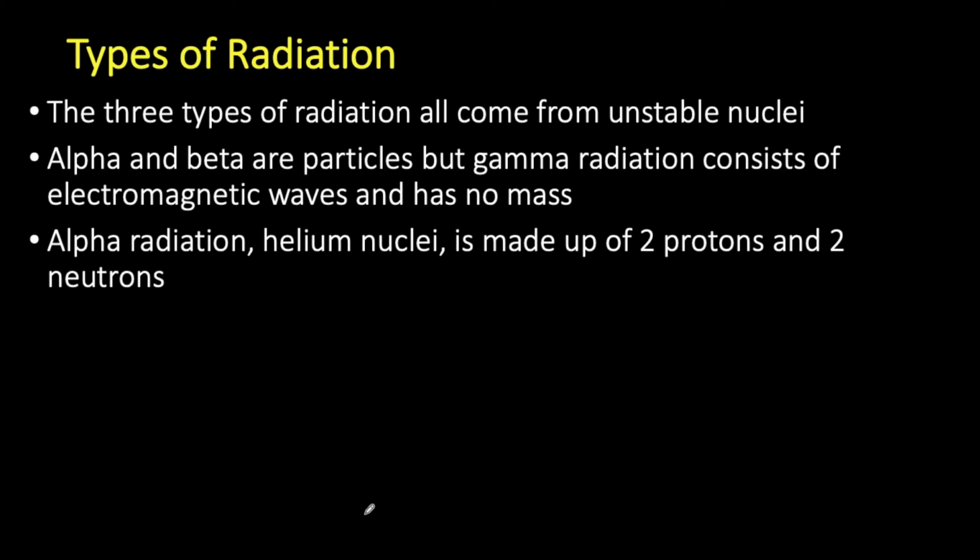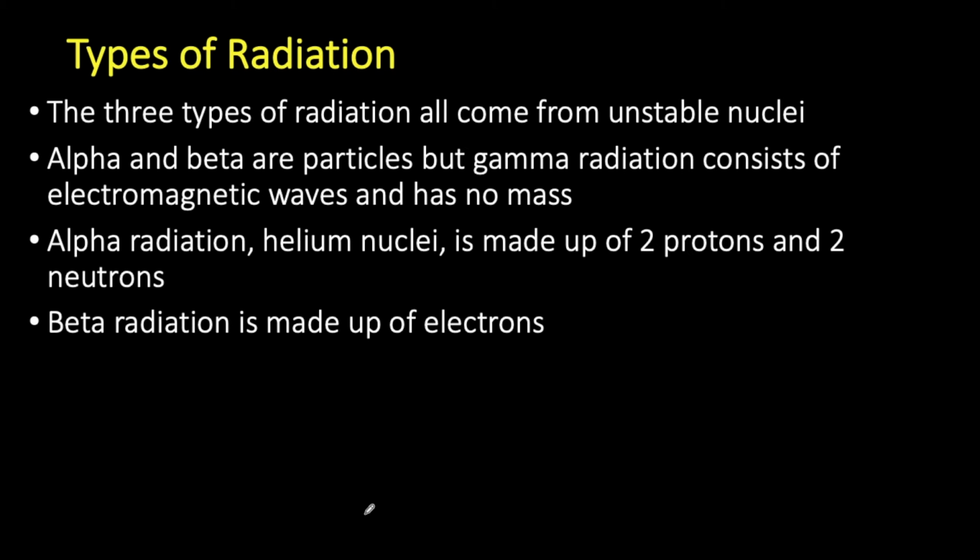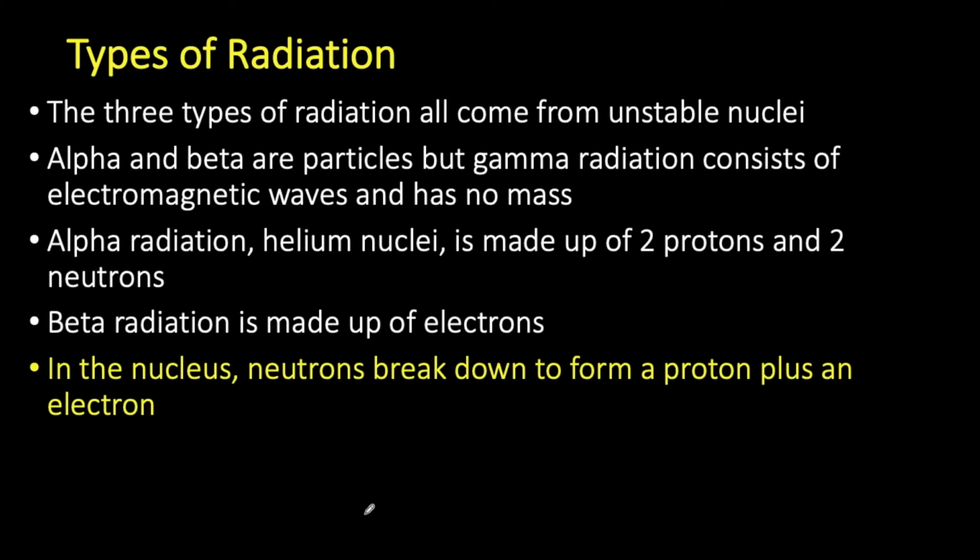Alpha radiation, or helium nuclei, is made up of 2 protons and 2 neutrons. Beta radiation is made up of electrons. In the nucleus, neutrons break down to form a proton plus an electron. Inside these unstable nuclei, we take a neutron and we break it down into a proton and an electron.